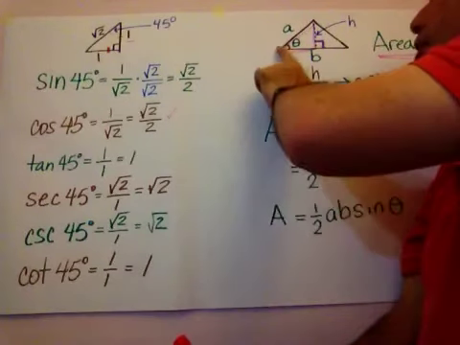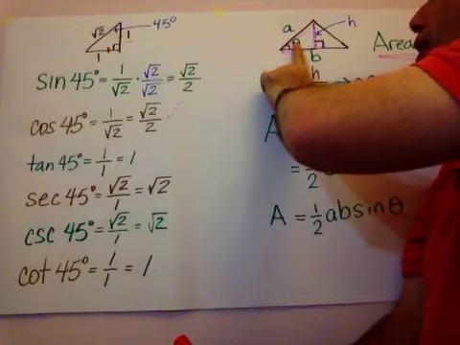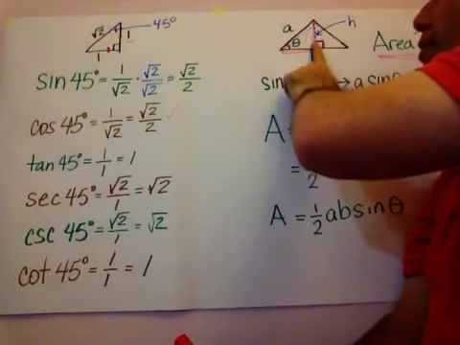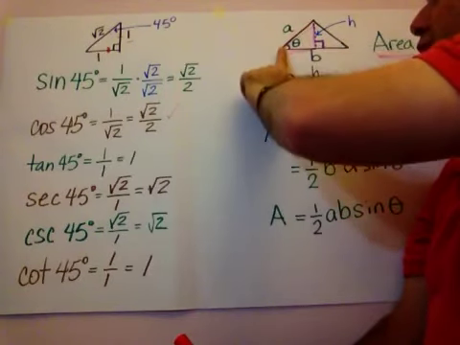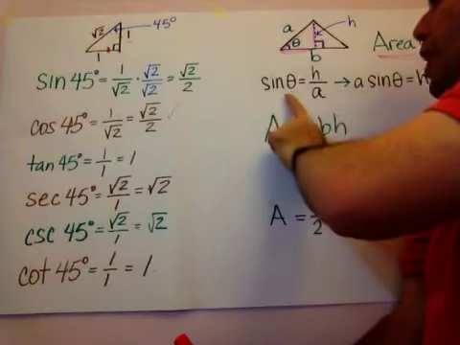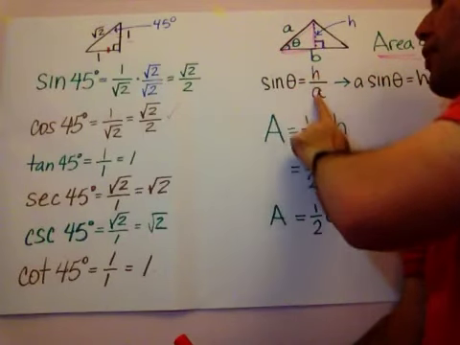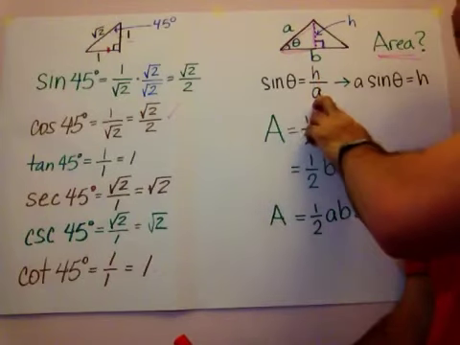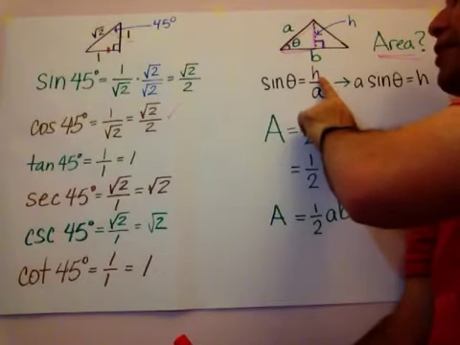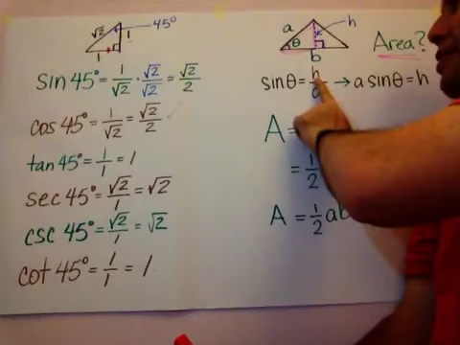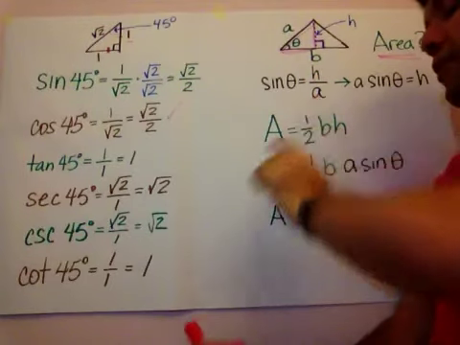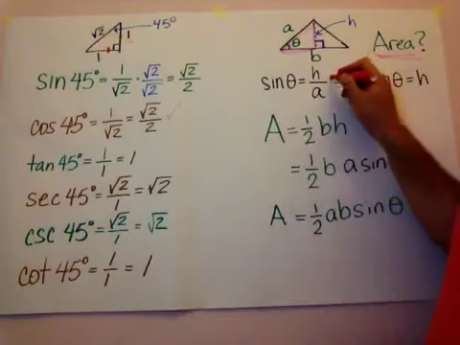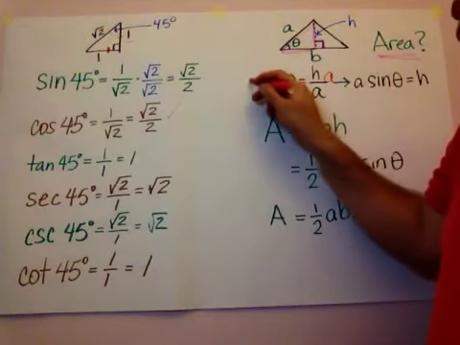Now, I know that the sine of this angle is the opposite, which is the height, over the hypotenuse, which is side A. So sine of theta is h over A. Now, because I want to solve for the height, I'm going to multiply times A on both sides. Times A here, and times A here.